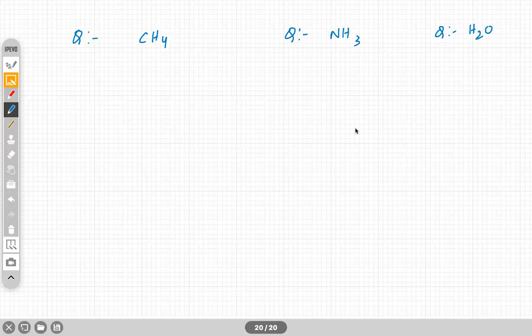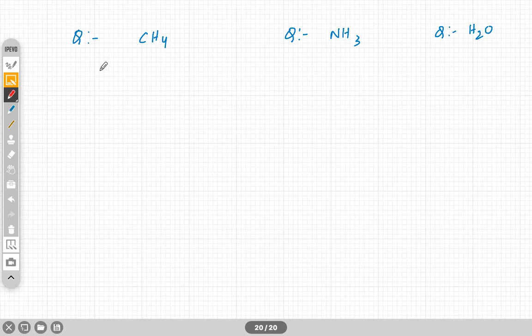So what you need to do, whenever, write down one note here: if hydrogen is the outer atom, then we divide it by 2.